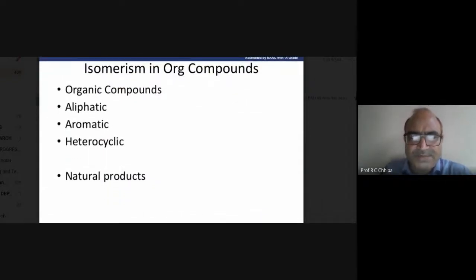The various compounds, aliphatic compounds, aromatic compounds as well as heterocyclic compounds are involved, and different natural products also have different isomerism. So this is all about isomerism in organic compounds.